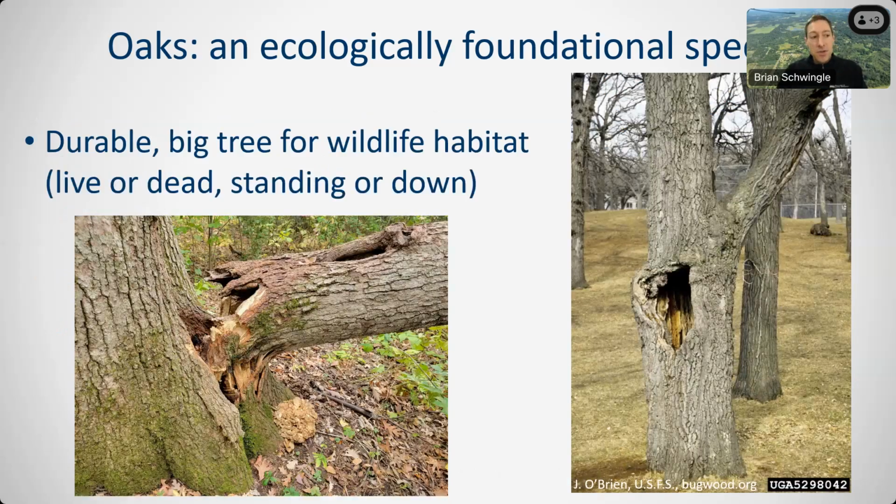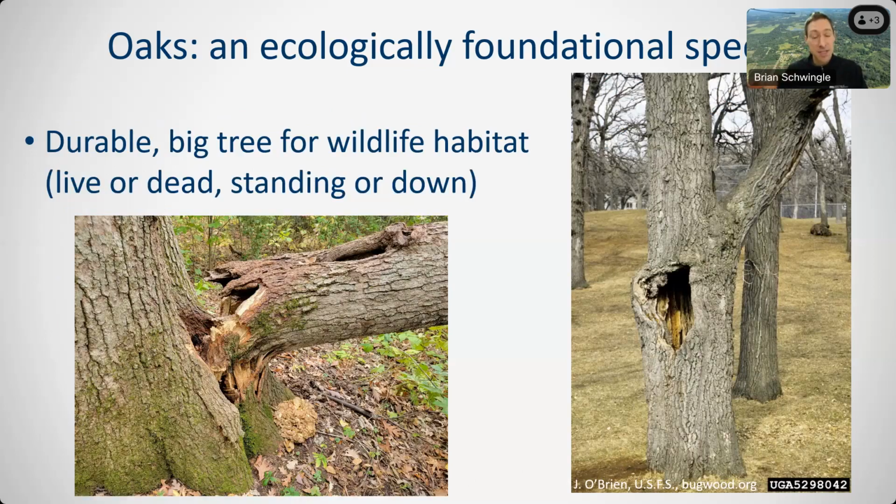Onto wildlife species, there are a lot of wildlife species that rely on cavities in trees. I don't have the numbers in front of me, but I believe there are about 43 bird species in Minnesota that rely on cavities for habitat, and about 25 mammal species.